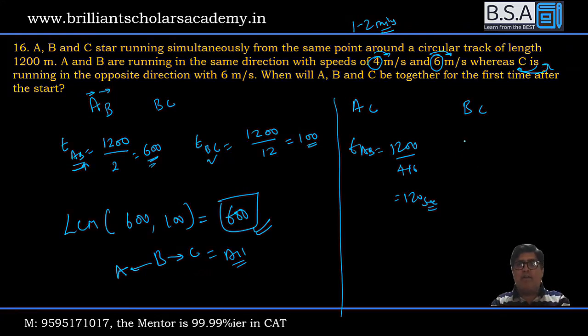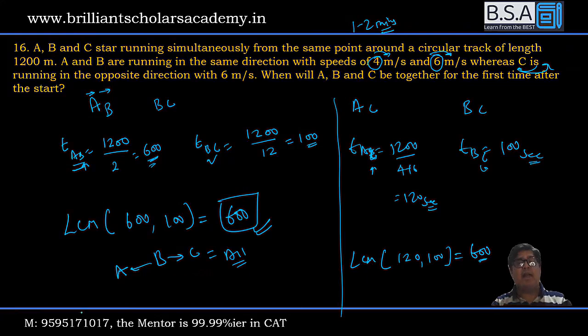Time required for BC I have already calculated for you, 100 seconds. A is with C, B is also with C. If I can find a common multiple, they're all together. So if I take the LCM of 120 and 100, you'll find it is again 600.